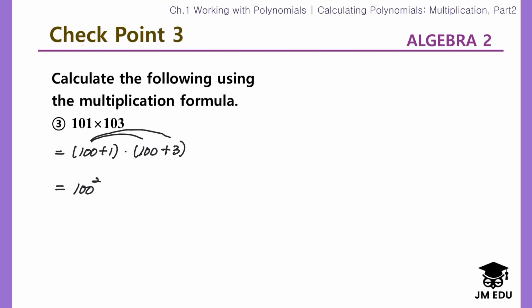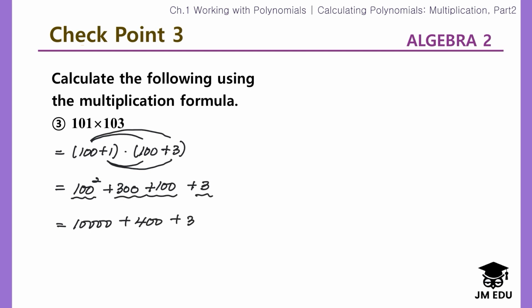Outer, 100 times 3, that's 300. Inner, 1 times 100, that's 100. Last, 1 times 3, that's a 3. So this is 10,400 plus 3, right? So this is 10,403.